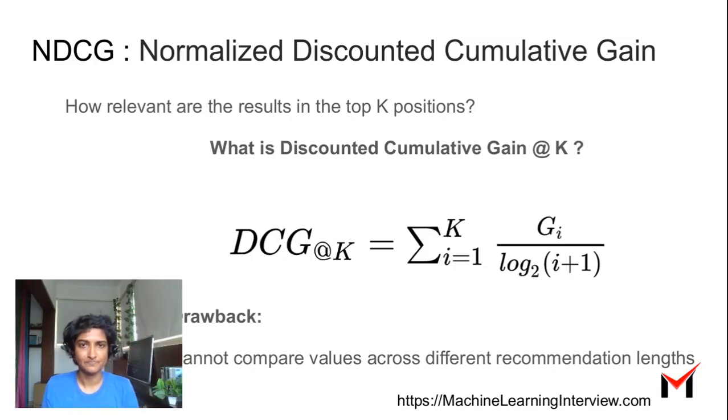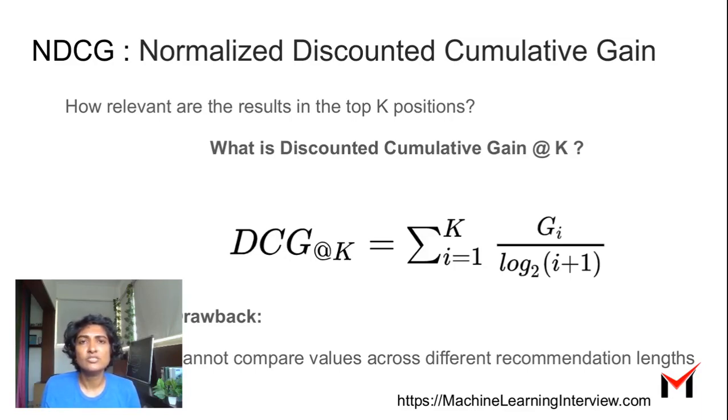That's the whole idea. One challenge with the DCG metric, which can in itself be used in a lot of applications really, is that you cannot compare across 2 different recommenders that are recommending different numbers of items. For instance, I have one recommender that's recommending 5 items and another recommender that's recommending 10 items for the same problem.